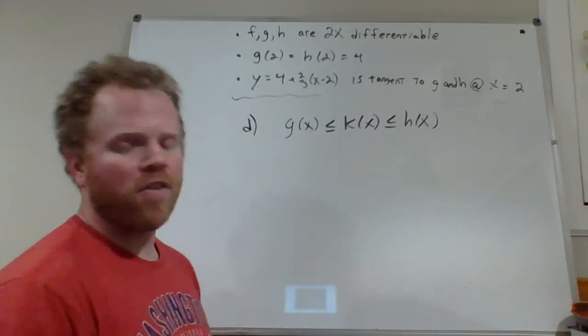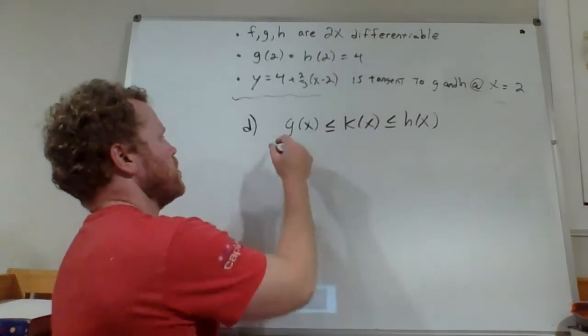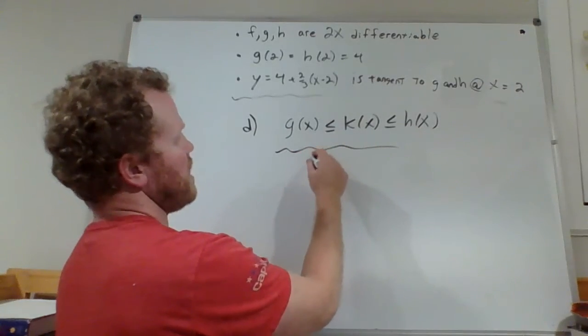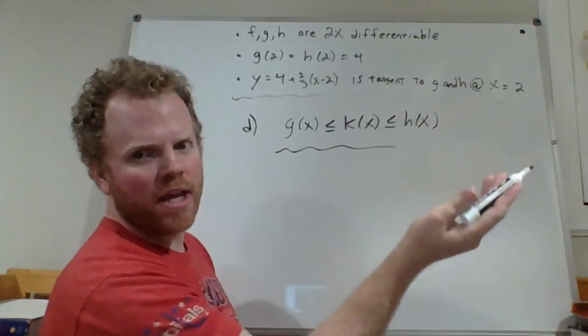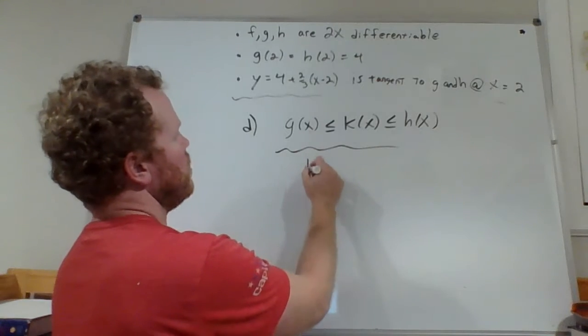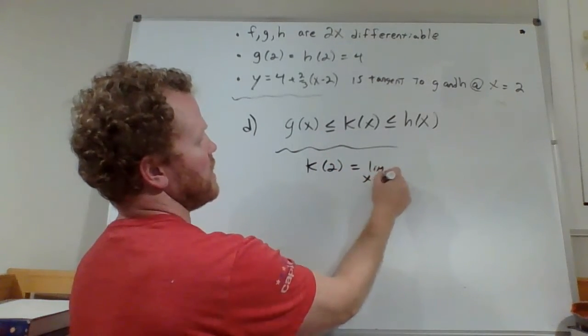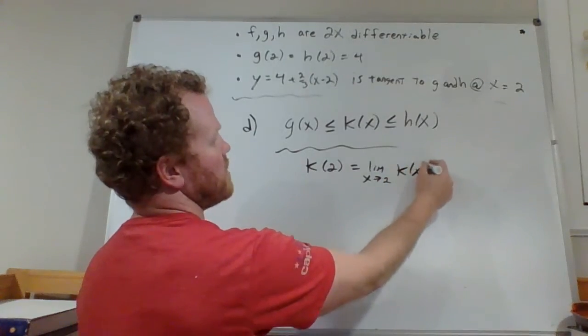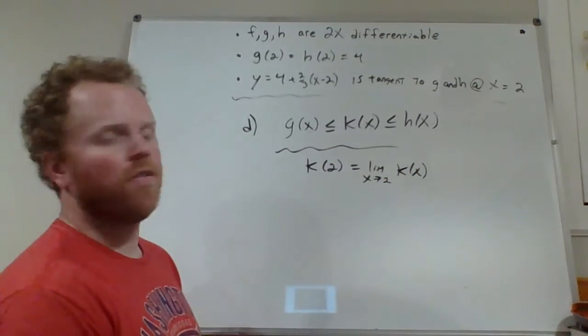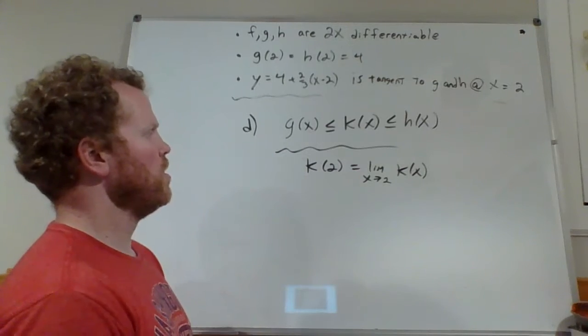So they want to know if k is continuous at 2. So what we need is the definition of continuity. Let's just go with k because that's the function they're asking about. You need k of 2 to be equal to the limit as x gets close to 2 of k of x for this thing to be continuous at 2.